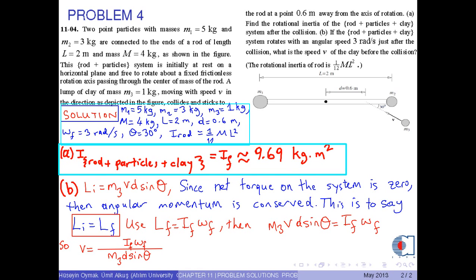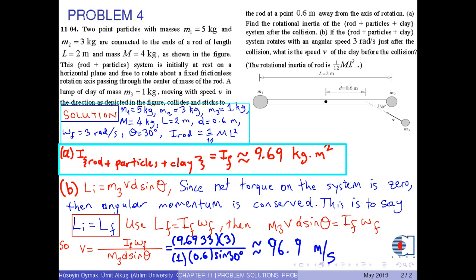We substitute the corresponding numerical figures into this equation, and we finally calculate the speed v of the clay before the collision as approximately 96.6 meters per second.